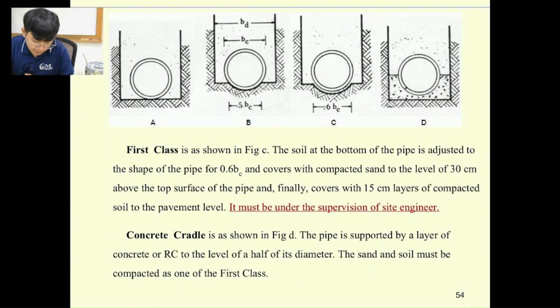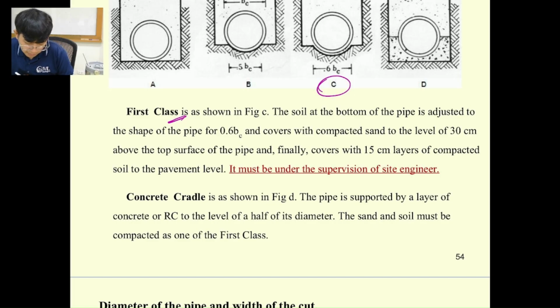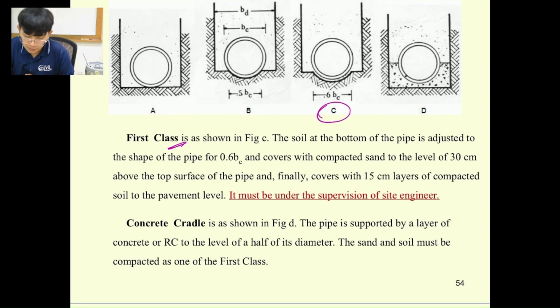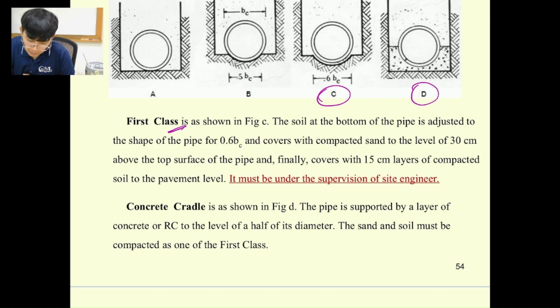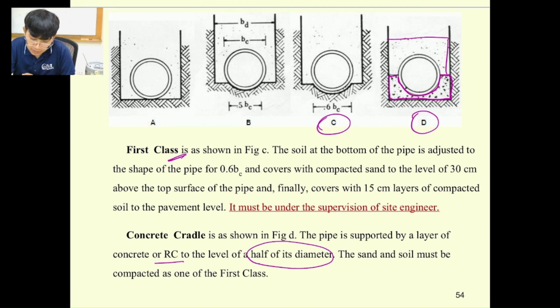Now we have another one, the first class, which is figure C as shown in the figures. And the last one is going to be the best one, which, if possible, we would like you to construct: the concrete pipe under the ground like this, having concrete cover over here, where the pipe is supported by a layer of RC at its half diameter, and then we're going to use sand and or soil to put on top, okay, to compact it.